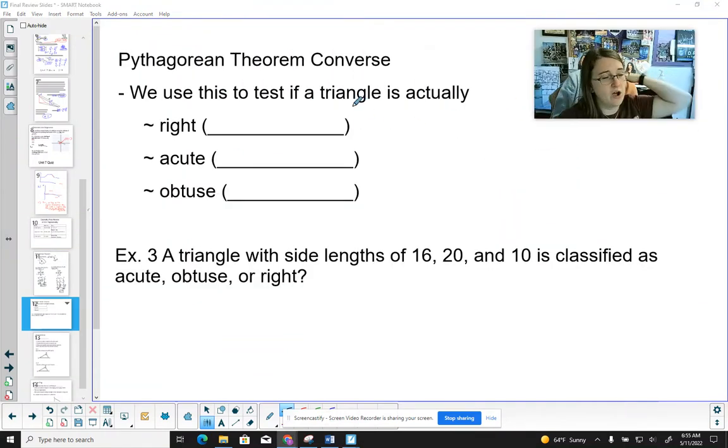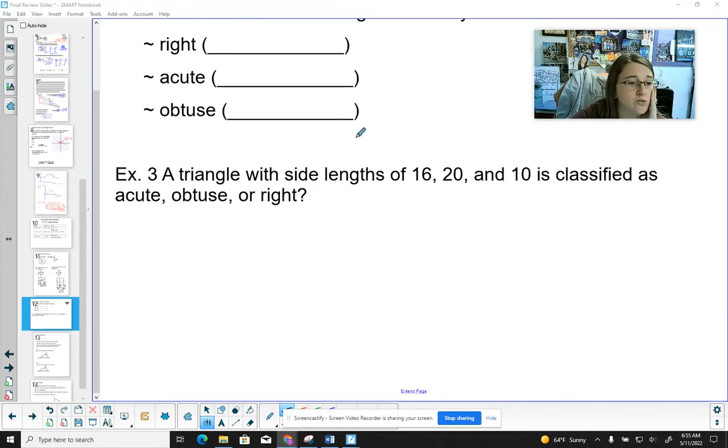Okay, next thing is Pythagorean theorem converse. So we use this again. It's still Pythagorean theorem, so it's still a squared plus b squared equals c squared. But remember, the way we do this is we set it up like a table. We put c squared on the left, and we're going to compare it to a squared plus b squared.